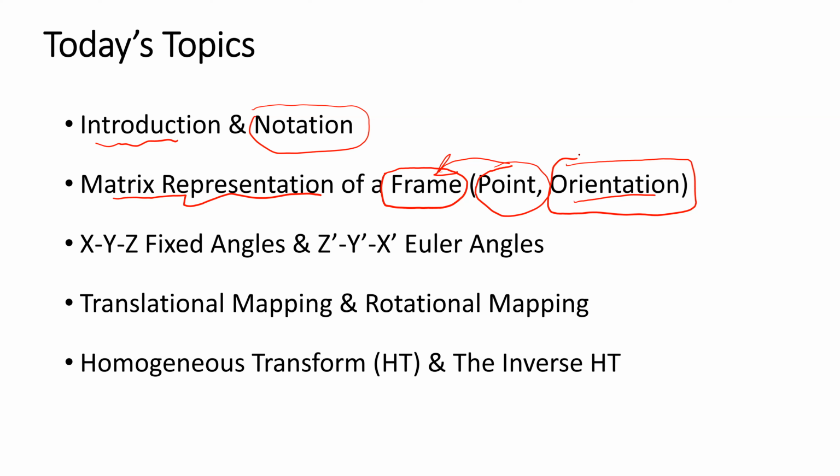But how can we control all the joints from the base frame to the first link, the second link, until the gripper? How can we relate this to the coordinate on the gripper frame? The frames have different positions and also different orientations.